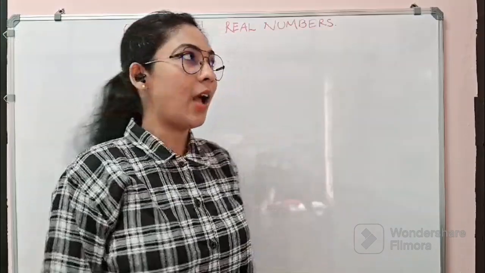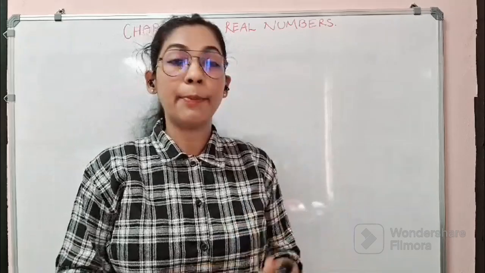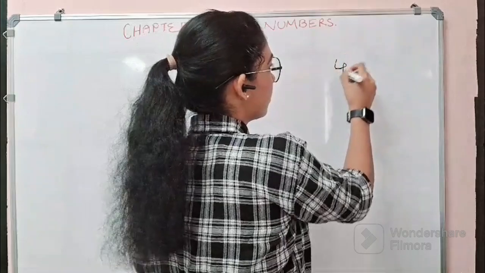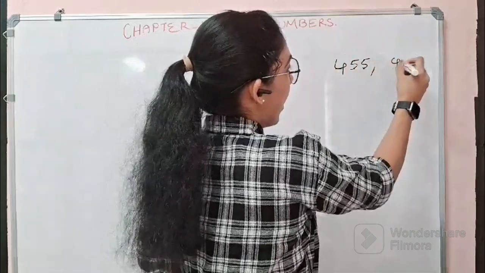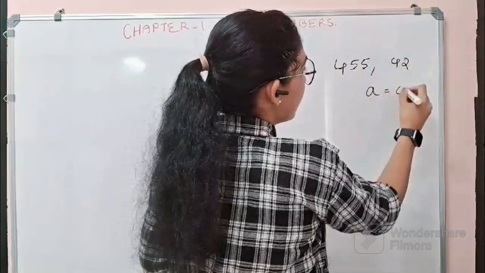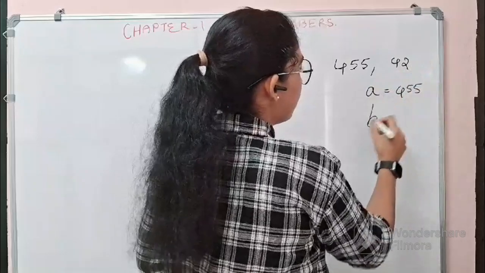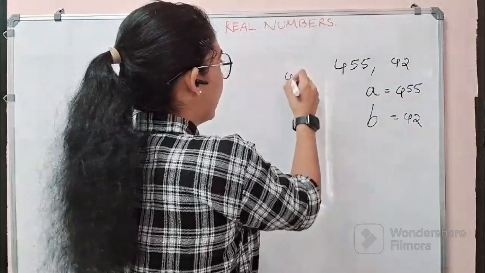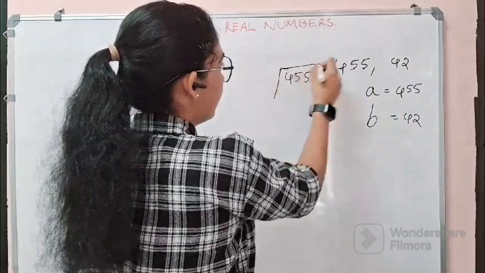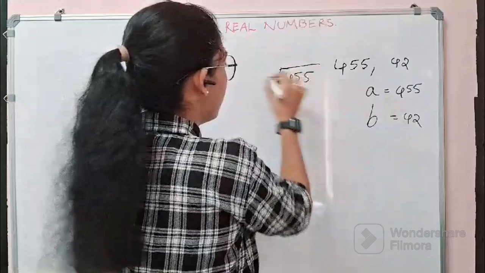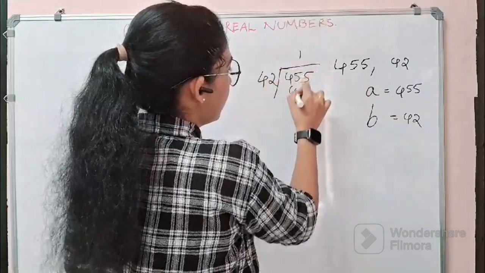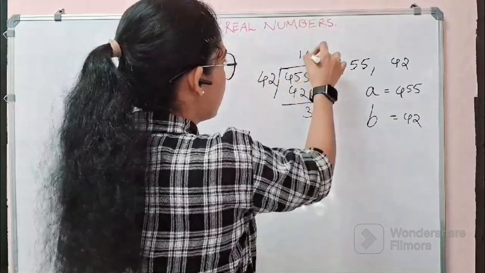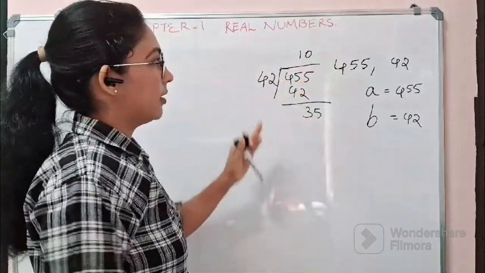Now let me check how Euclid's division lemma is applicable for two numbers. There are two positive numbers, 455 and 42. Here a = 455 and b = 42. On dividing 455 by 42, we get quotient 10 and remainder 35. So this is the method.